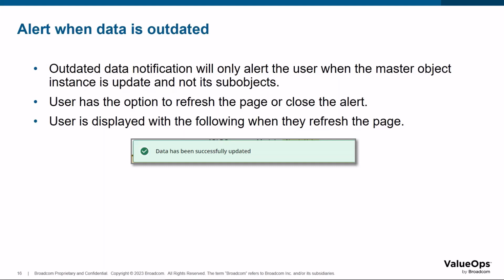The user does have the option to refresh the page or just close the alert and not refresh the page. If the user does refresh the page, then the following message is displayed that the data has been successfully updated.